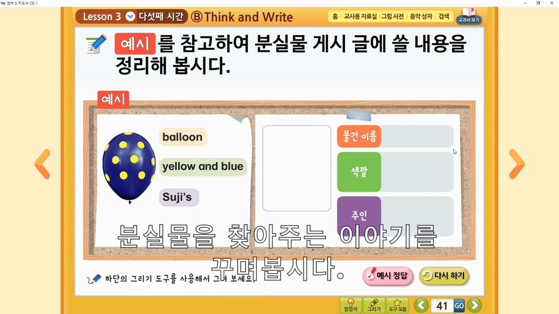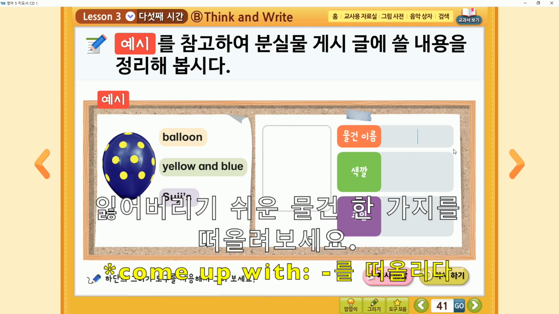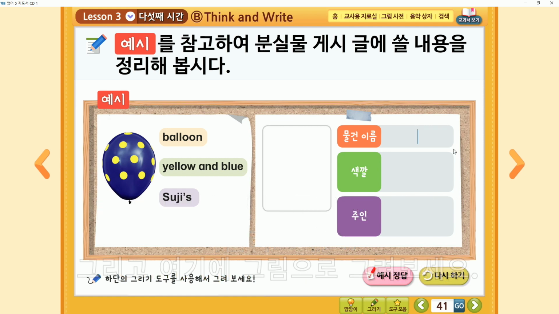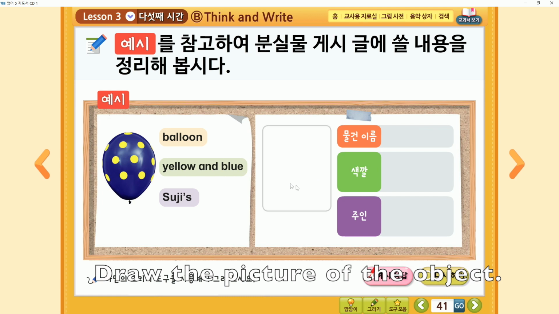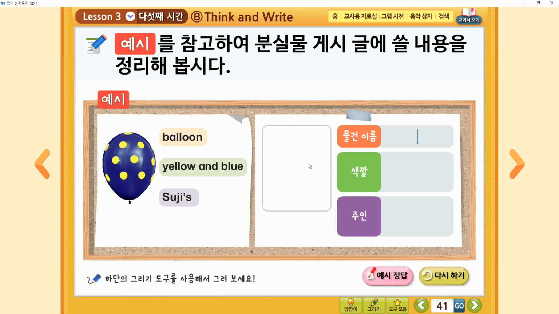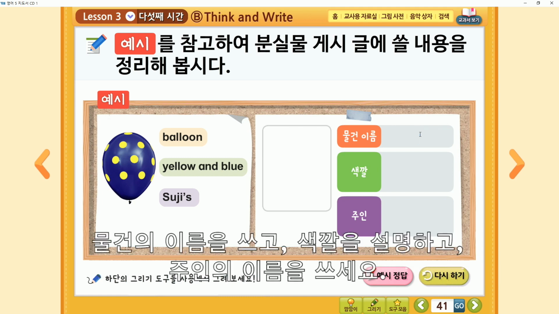You're going to create a story of lost and found. You should come up with an object, something likely to be lost. And then draw it here. Draw the picture of the object. And then write the name of the object, describe the color, and write the name.